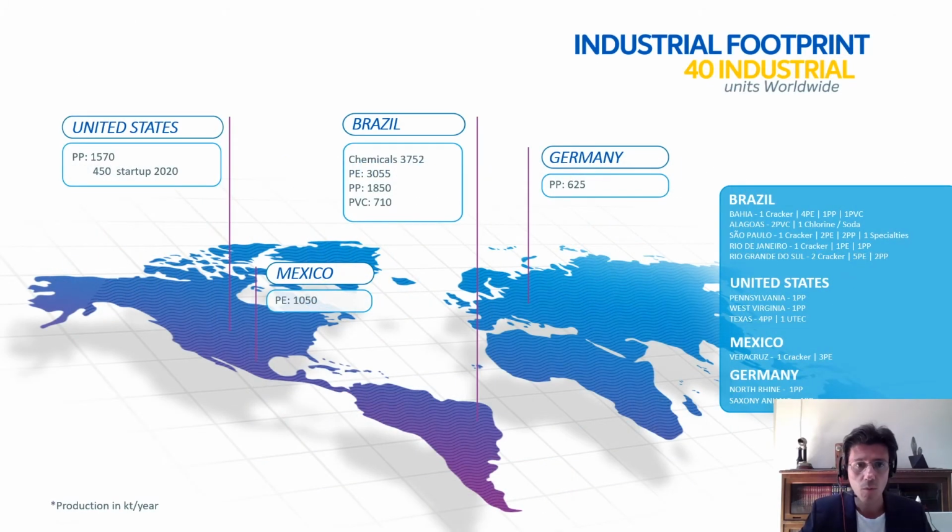Braskem is a global company, right? We have industrial footprint in Brazil, Mexico, United States, and Germany. We have cracker activities in Brazil and in Mexico. In the US and Germany, we are mainly a polypropylene producer.